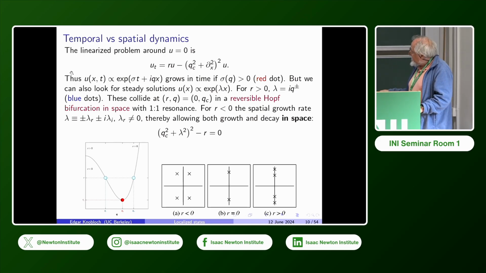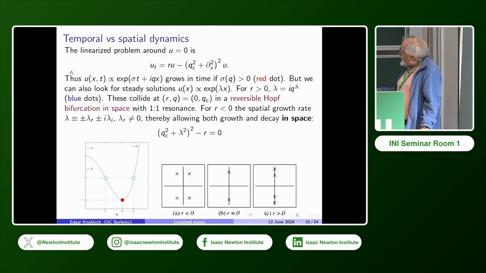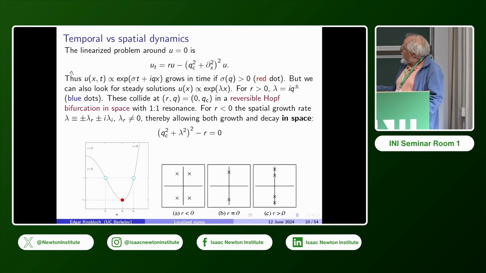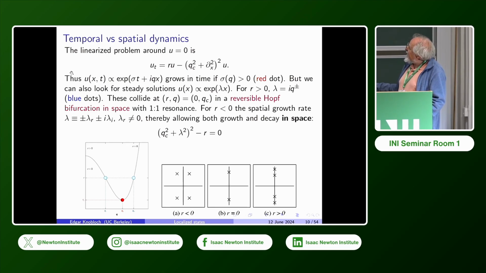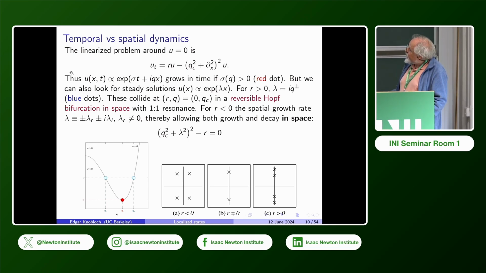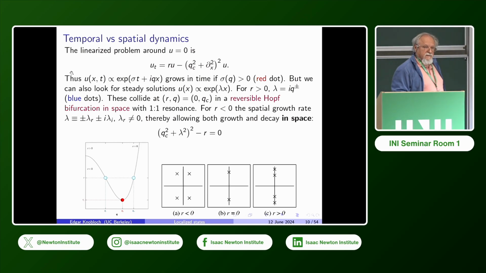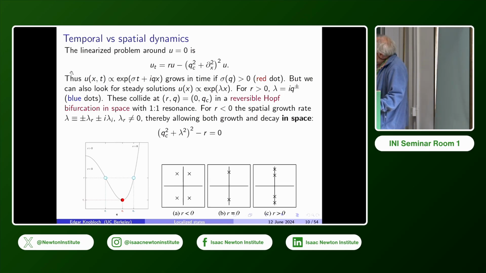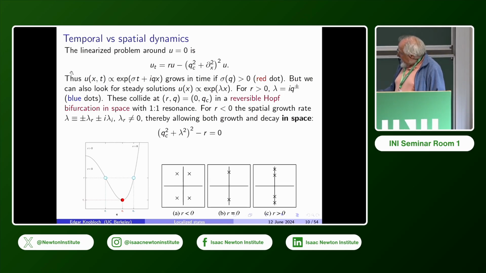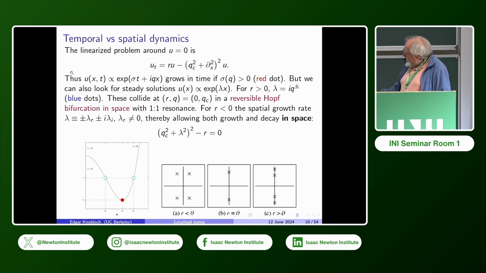And so I would like to look at solutions that just grow like e to the lambda x, where lambda is a spatial growth rate. And so for r greater than 0, lambda is just plus or minus iq. And there are two possible wave numbers, q minus and q plus, and these just correspond to spatially periodic structures. So that's the spatially extended state that I'm going to be interested in. And then as you decrease r, these two wave numbers come together and they actually coalesce at this red dot.